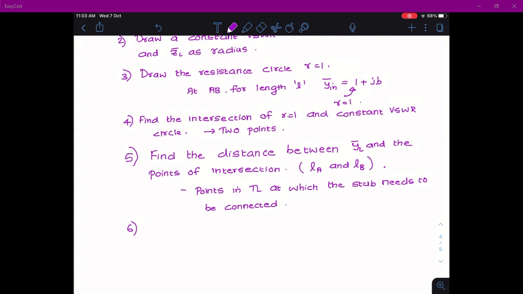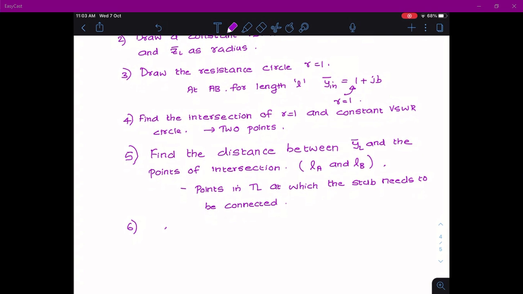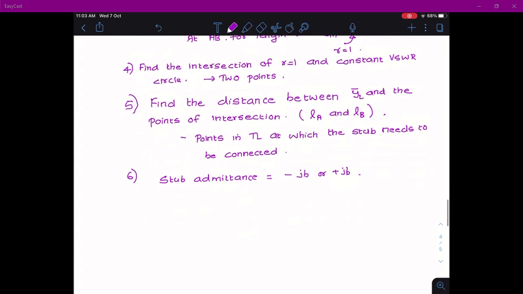Next step is to find the distance dA or dB and the impedance of the stub. The stub admittance is equal to minus jB or plus jB. This means that it is purely reactance, there is no resistance.